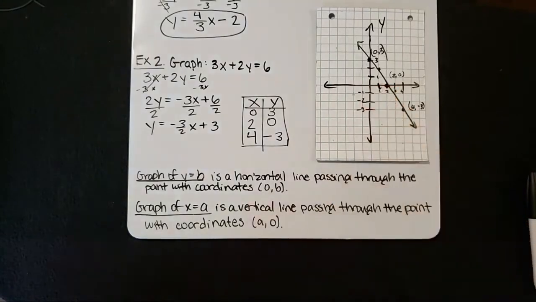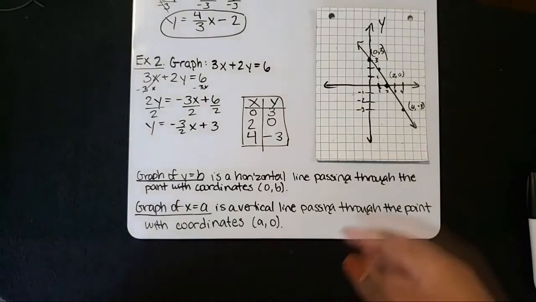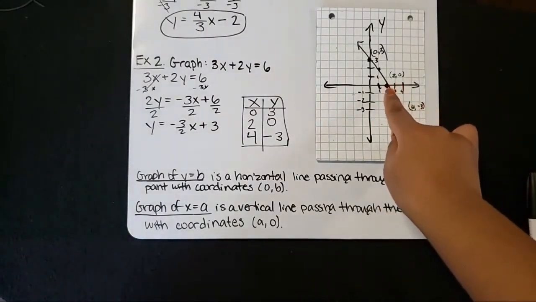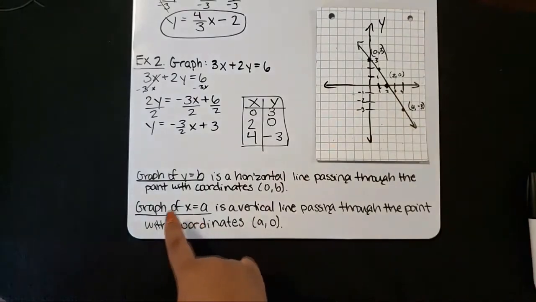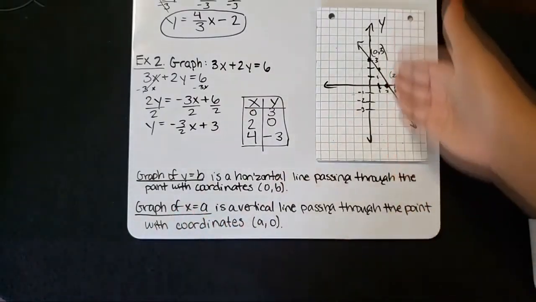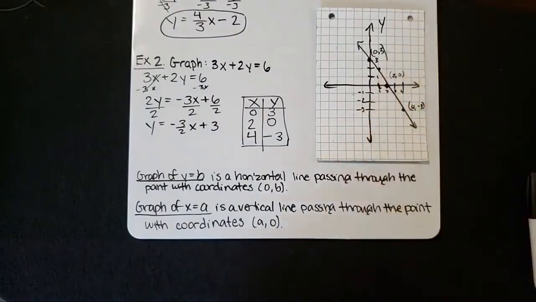All right. So what we're saying is the same way 2, 0 is on the x-axis, the graph of x equals a means that a vertical line will go right through that point. So let's take a look at that.